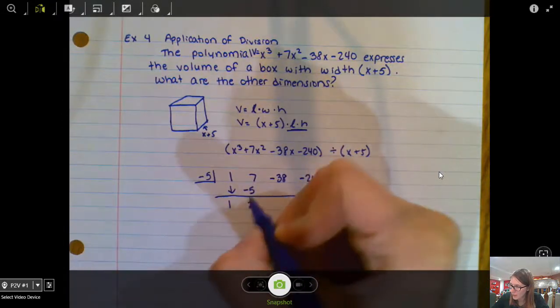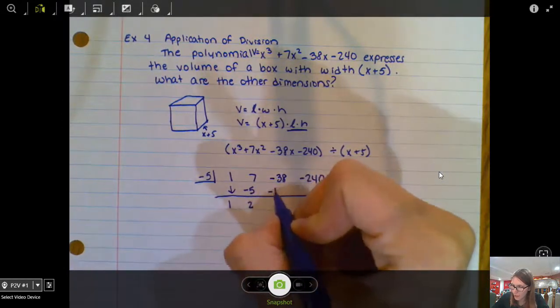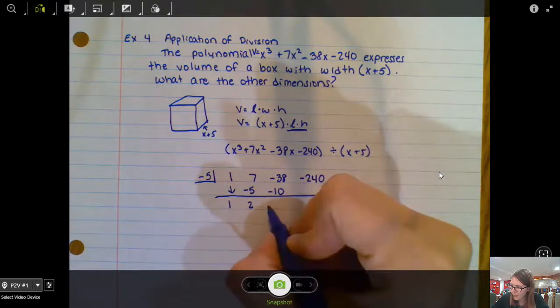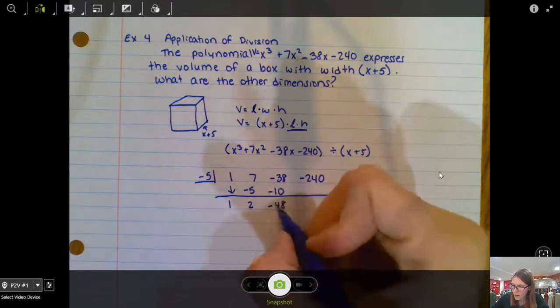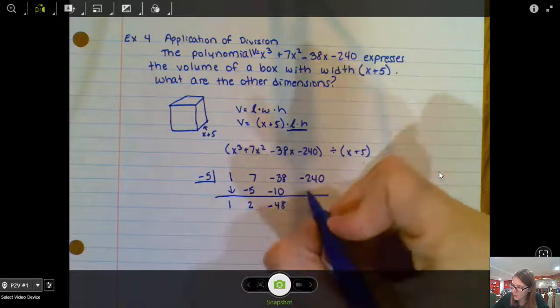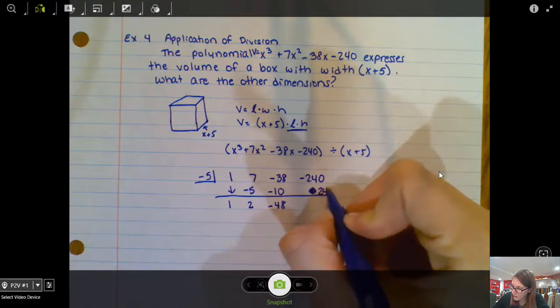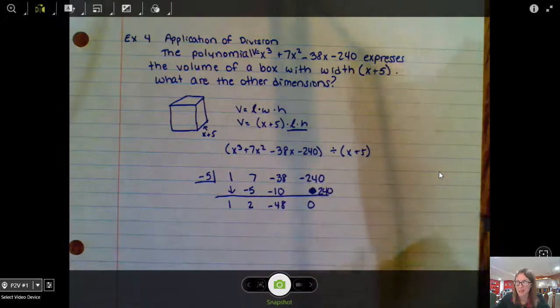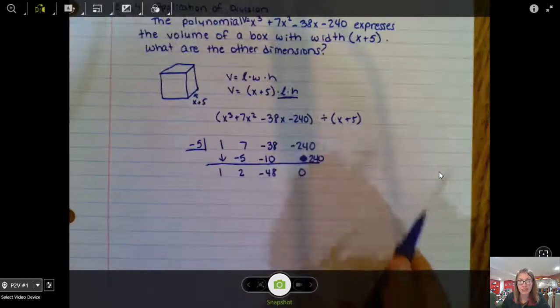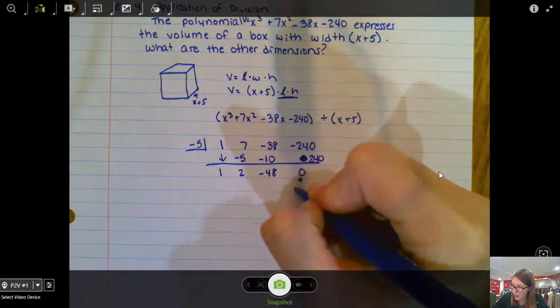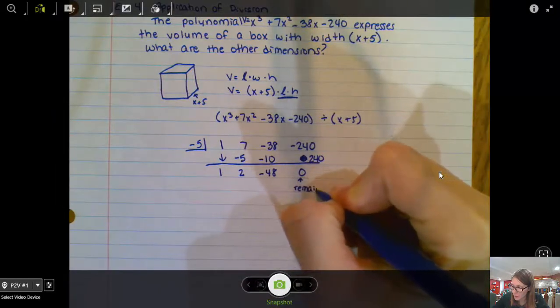Add down. 2 times negative 5 is negative 10. Add down. Negative 48 times negative 5 is 240. Add down, we get 0. Which is nice, because that means we have no remainder.